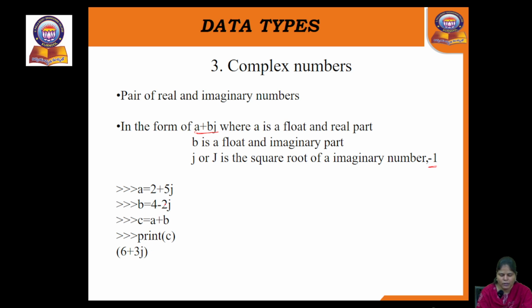All the real values are added first: 5 minus 2 gives 3, and the imaginary part just goes into the output. So it will add the real part and then add the imaginary part, right?